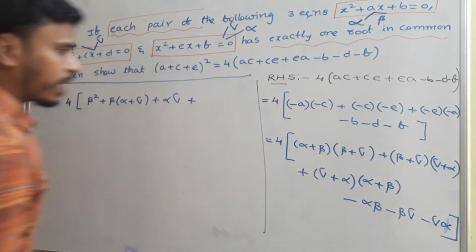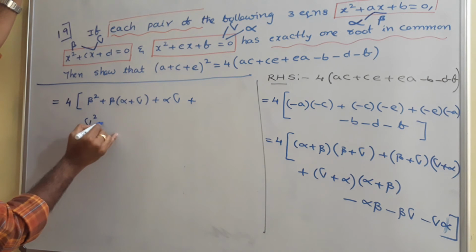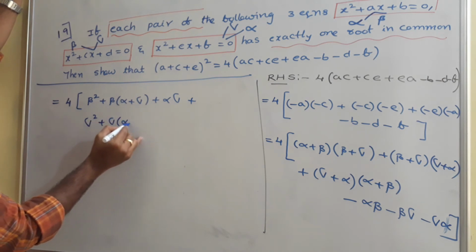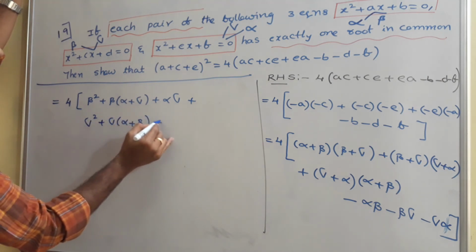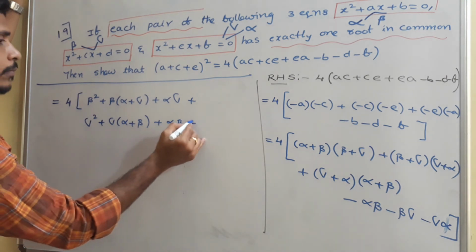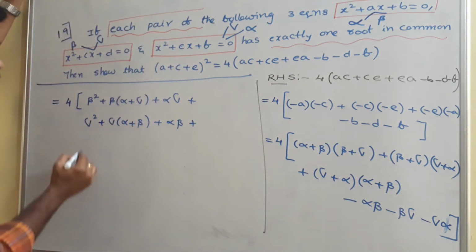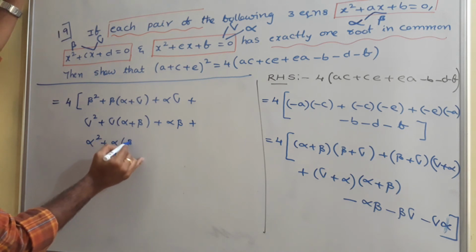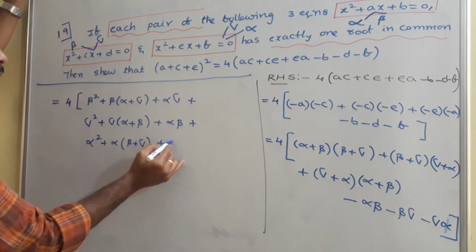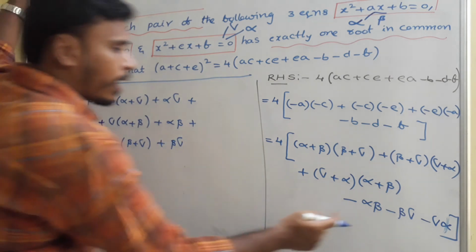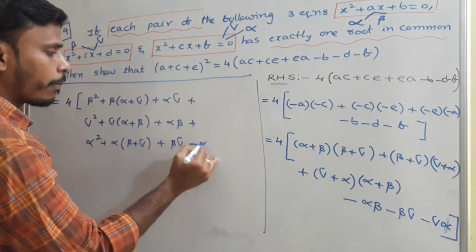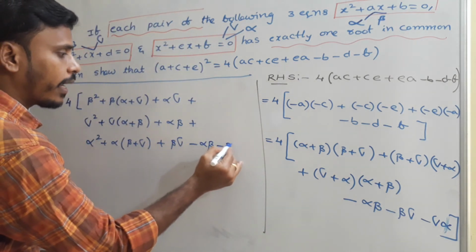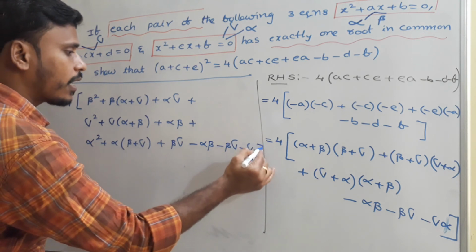Then what do you say about the second product? Gamma square plus gamma times of alpha plus beta plus alpha beta, plus third product. What is the third product? Alpha square plus alpha of beta plus gamma plus beta gamma. And these three, what are these three? Minus alpha beta minus beta gamma minus gamma alpha.